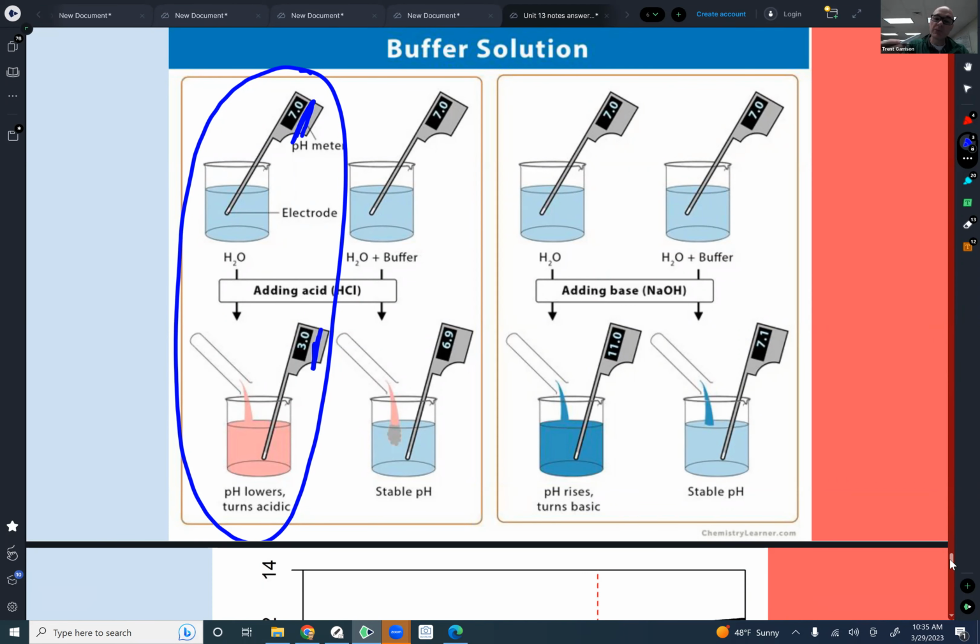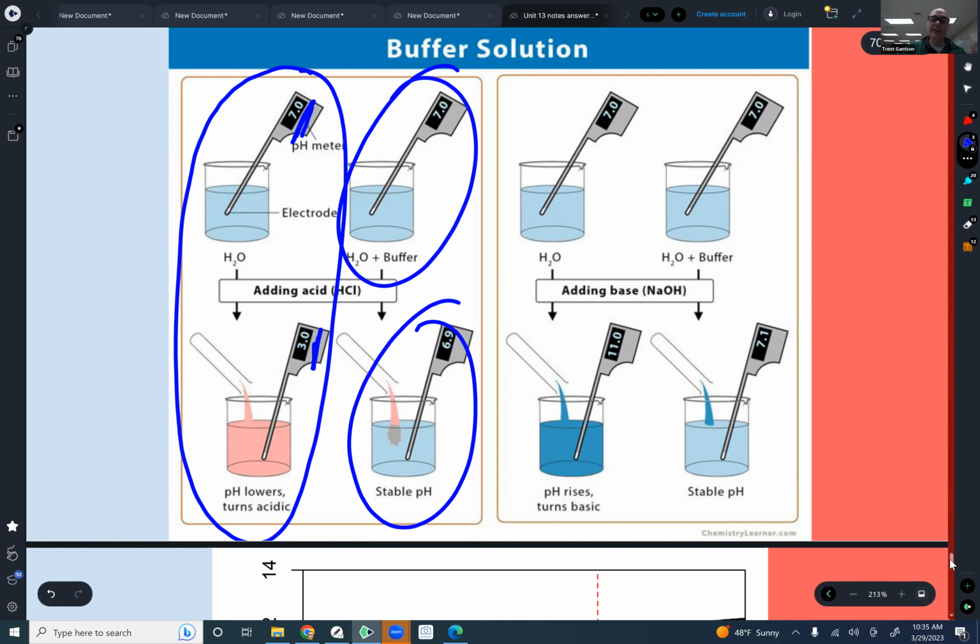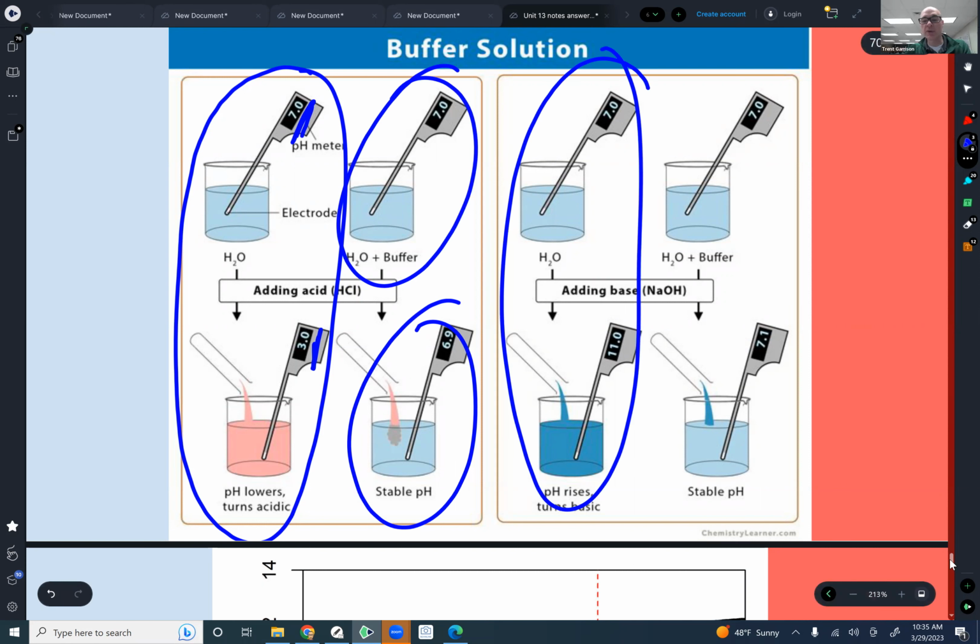But if you have a buffering system in this water, if you add a buffer, which is a weak acid, weak base, if it starts at the same pH of 7, you add that strong acid to it and it doesn't change its pH. The same thing is happening over here with the base. If we have water, we don't have a buffer, the pH goes up. But if you have a buffering solution, the pH is not going to go up that much.